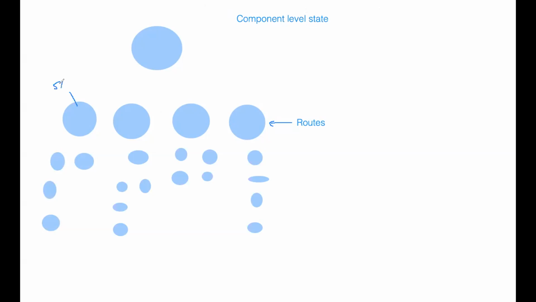And let's say this component has some state. And we'll say this component has state X. And we're passing that state down as props so it can be displayed in this component right here. And then it needs to be displayed over here, so we pass it down as props like that.